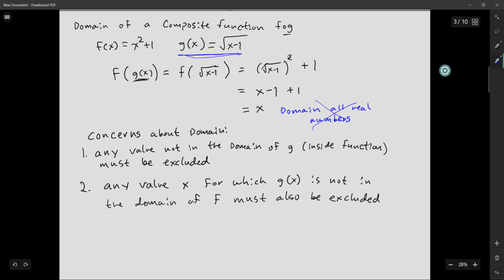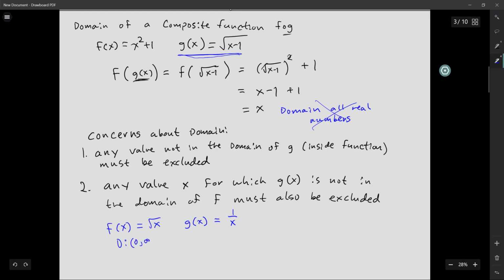So let's see if I can cook up a pair that's not going to work for this. This should be a good pair. Let's try f of x equal to square root of x and g of x equal to 1 over x. So if I look at the square root of x, the domain is, let's see, strictly positive numbers.